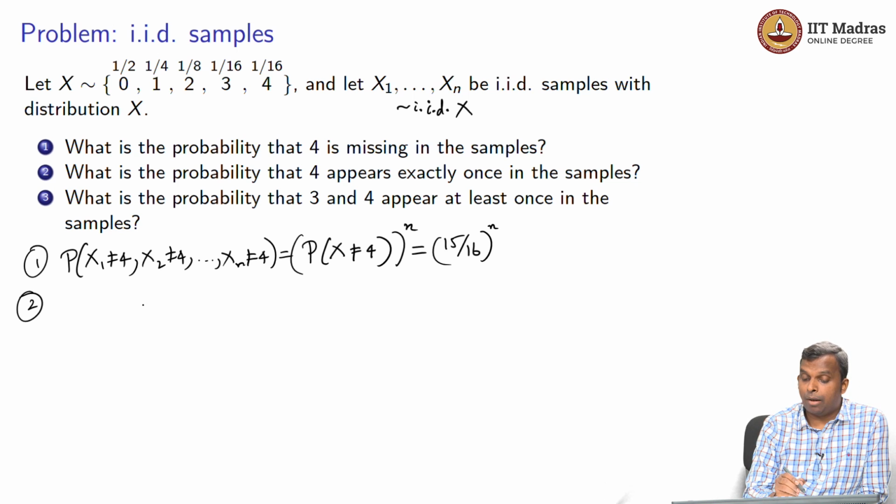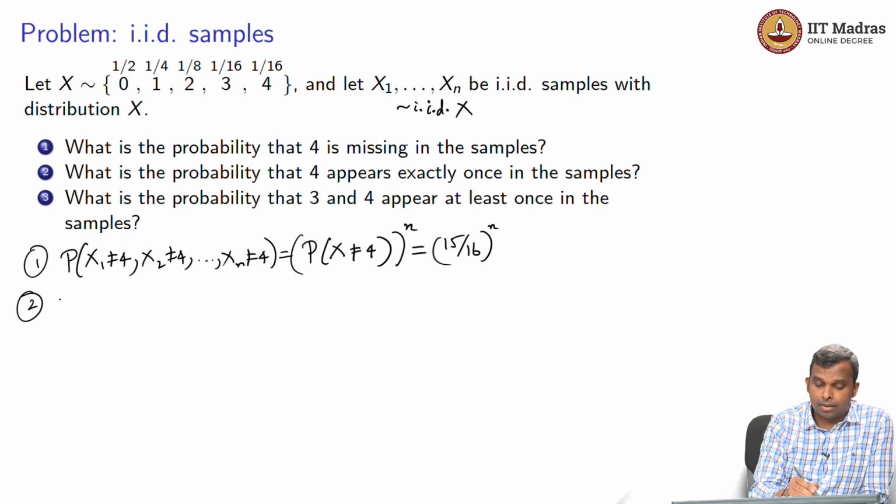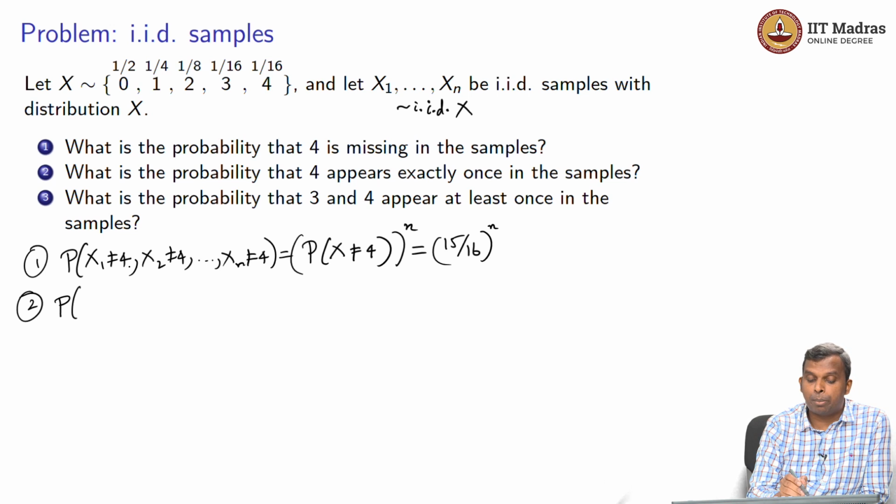What's the probability that 4 appears exactly once? Now this is a little bit more confusing because 4 could appear in x1 and not appear elsewhere, or it could appear in x2 and not appear elsewhere. There are multiple possibilities, right? So this exactly once needs more cases.